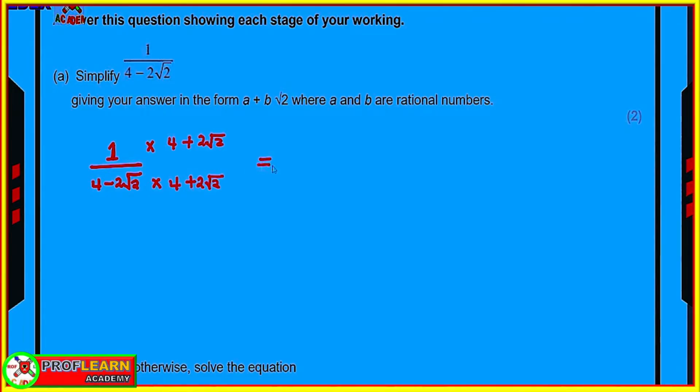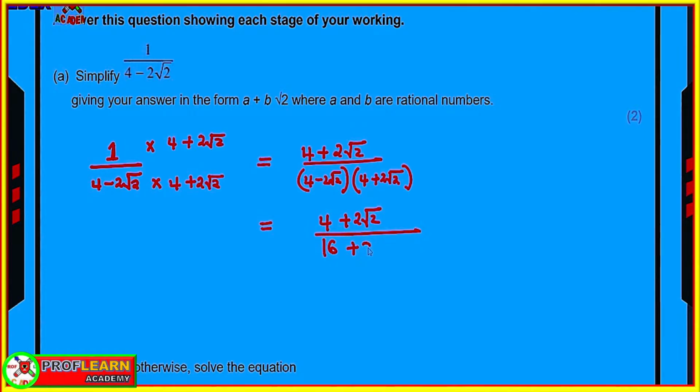Now multiplying everything and ensuring that you are very, very careful and keen the way you are multiplying, our expression is going to be written like this. So we shall write 4 plus 2 root 2. Now the denominator, 4 times 4 will give us 16.